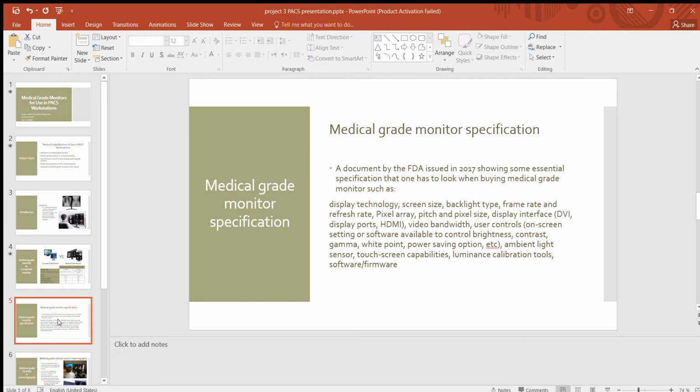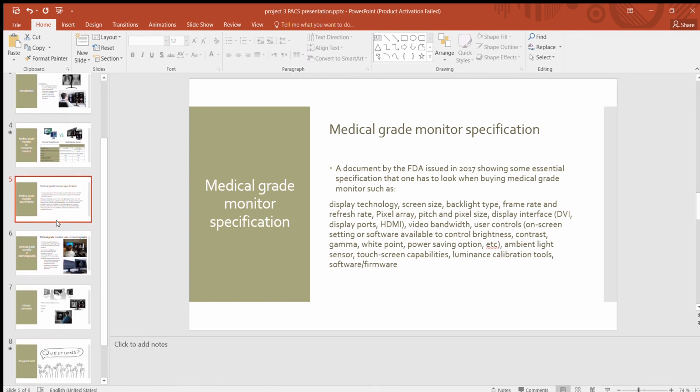In 2017, the FDA issued documentation that makes it easier to look at the parameters, such as the display technology, whether it's a touch screen or not, the size, the backlight type, the frame rate and refresh rate, the video bandwidth, user control, the contrast, the luminance and brightness control, built-in sensors, calibration, and so many other parameters we can look at.